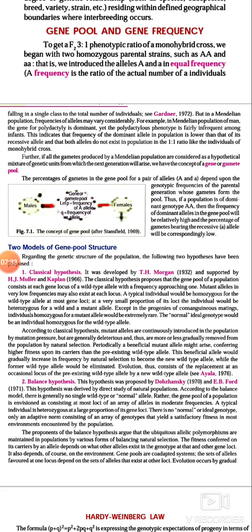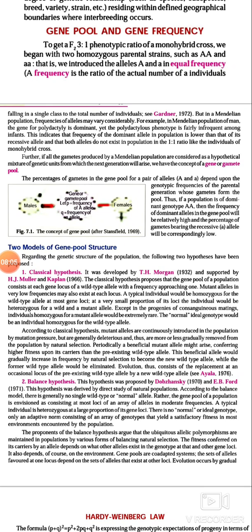The proponents of the balance hypothesis argue that ubiquitous allelic polymorphisms are maintained in populations by various forms of balancing natural selection. The fitness conferred on its carriers by an allele depends on what other alleles exist in the genotype at that and other gene loci.